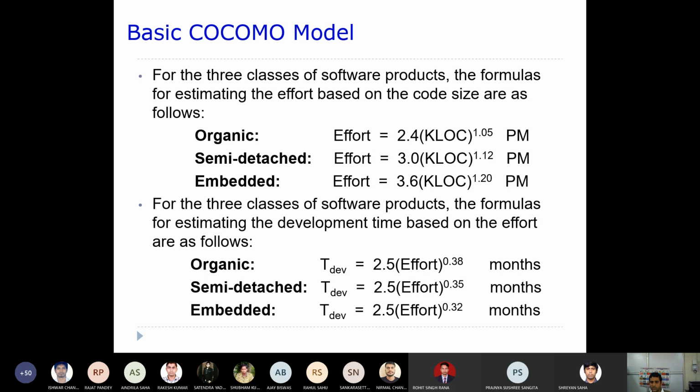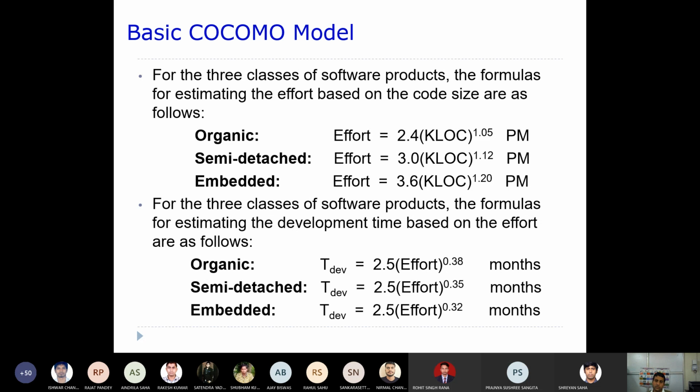But now come to the development time. Which one will take more? Organic. Organic takes more development time. But embedded takes more effort, and yet its development time is a little less as compared to other projects. Why is it taking a little less?